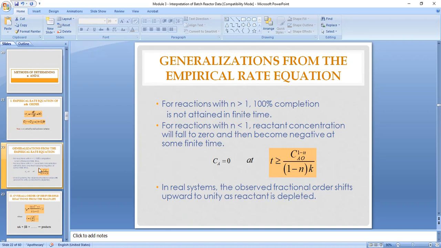Can you tell me your understanding of this particular concept? You can write in the chat box, or you can use your microphones if you have your microphone there. What do you think, third year?